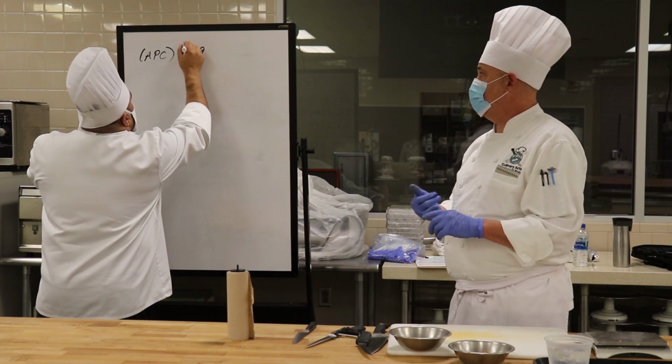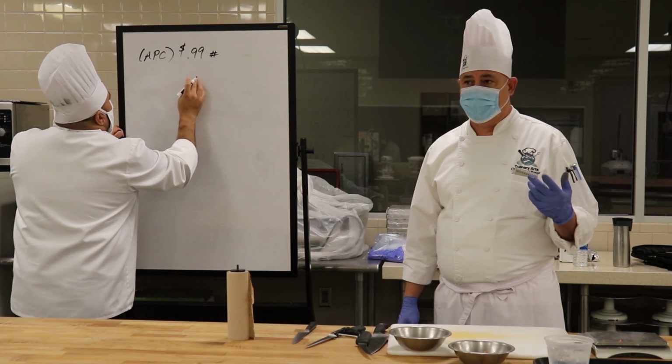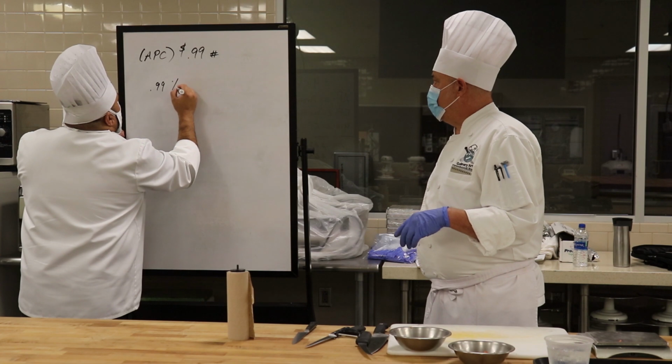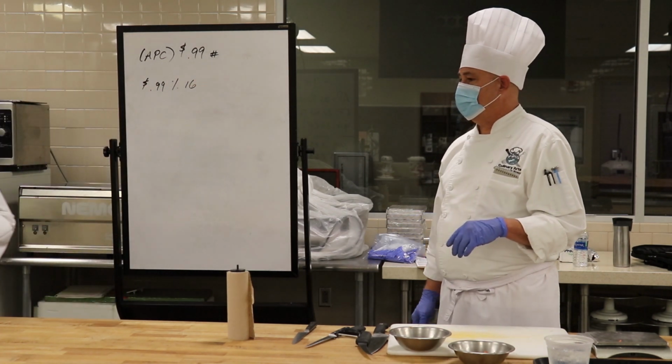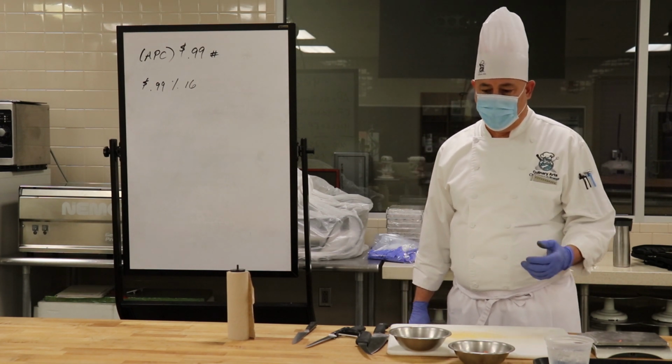99 cents, you said? 99 cents a pound, and then we're going to divide that by 16. Right? So 99 cents a pound divided by 16. We've got to get the handy dandy chef calculator out. And don't be afraid to use calculators, that's what they're for.